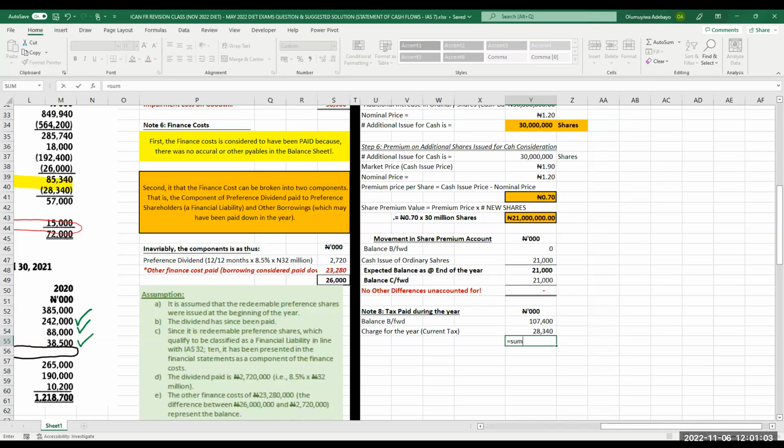Therefore, if I've not paid anything in that year, this is what is supposed to be the expected balance carried forward, assuming no tax paid.